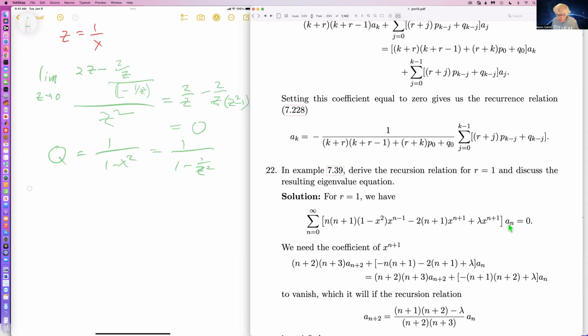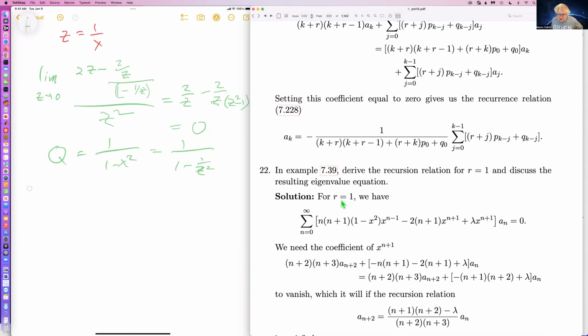So once again, you have Legendre's equation here, and substituting r equal to 1, we get this expression here.